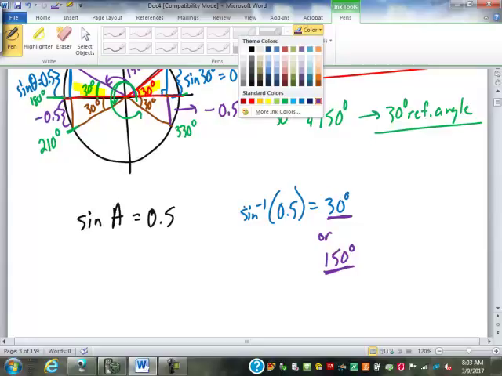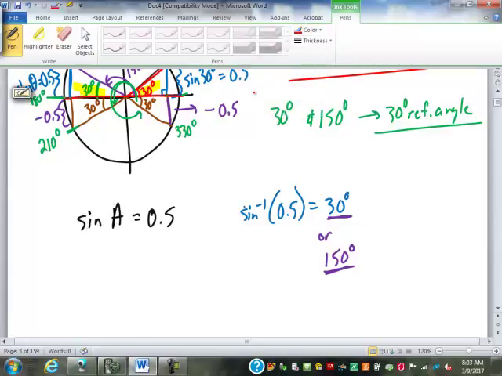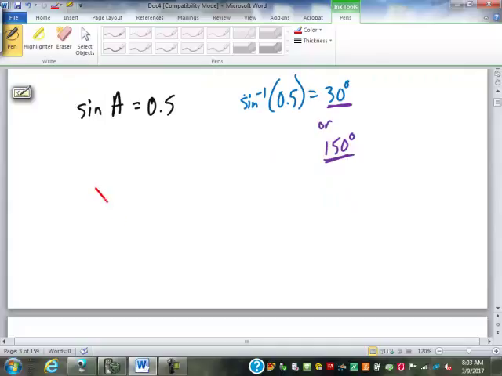The only way we can know which one it is is if we have a picture. Obviously, if we're dealing with a triangle that looks like this, and this is the angle we're finding, which one do we really want? We want the 150 degrees. So you have to be aware of that.